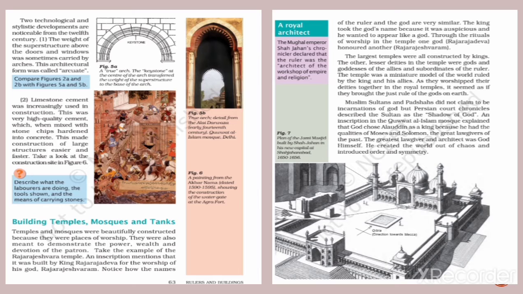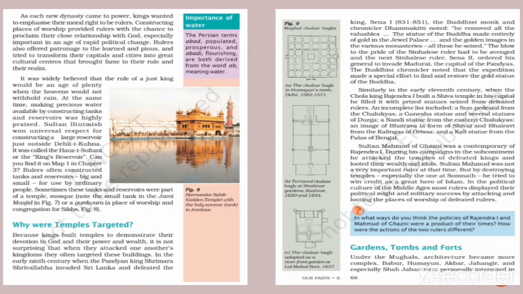The temples were miniature models of the world ruled by the king and his allies. Muslim rulers did not claim to be incarnations of God but used to be called the shadow of God. The Muslim people did not believe in that; for them everything is only from God, none other than Allah, and they were called the shadow of God.